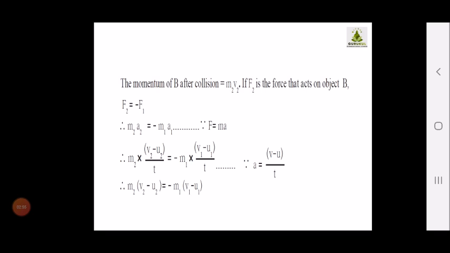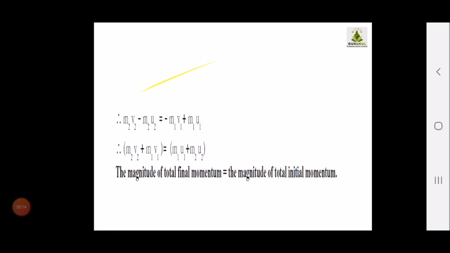Now if you cancel the t from both sides, you are going to get the equation m2 (v2 minus u2) is equal to minus m1 (v1 minus u1). This is about the concept of momentum we are studying.